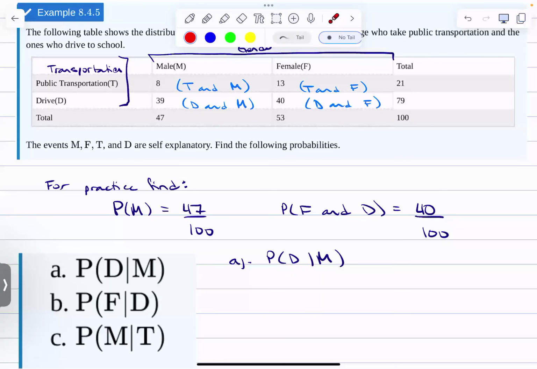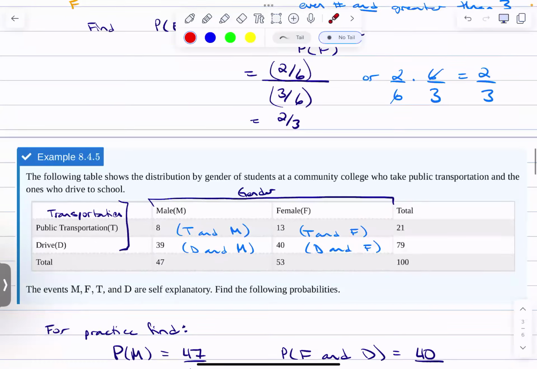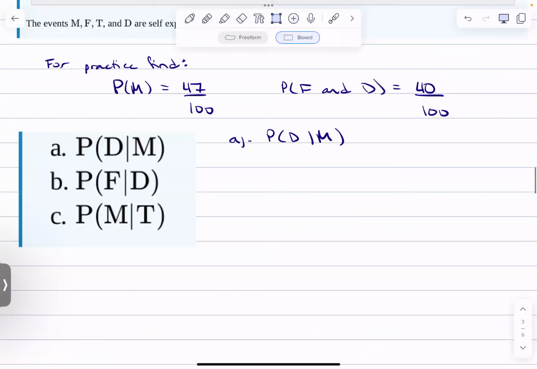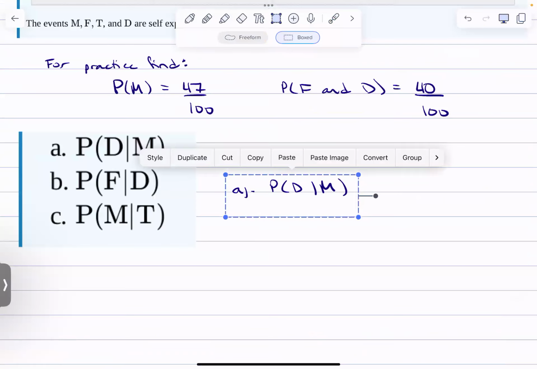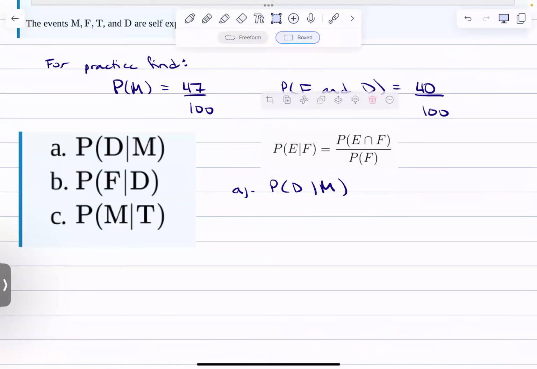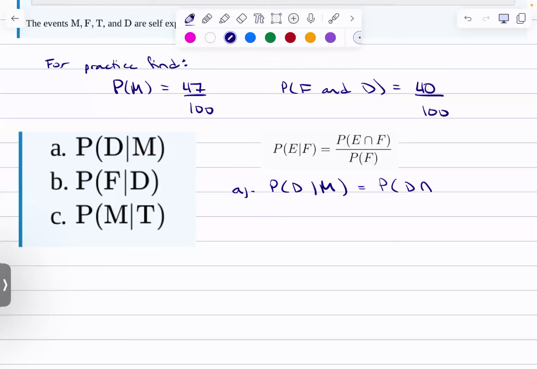And so if you use your formula sheet, on your formula sheet, you have this generic E and F. So what you want to do is you want to map your D to wherever you see an E and your M to wherever you see an F. And so this is going to be the probability of D and M divided by the probability of M. Right?